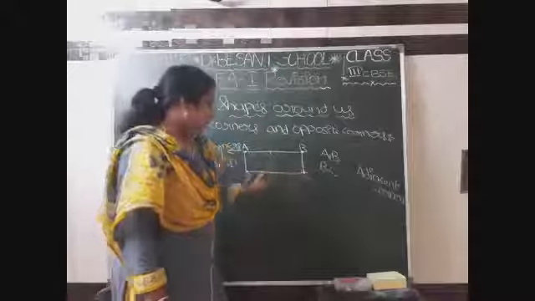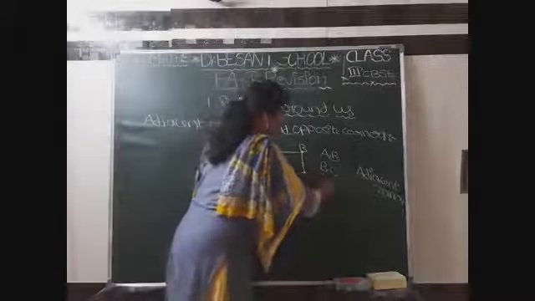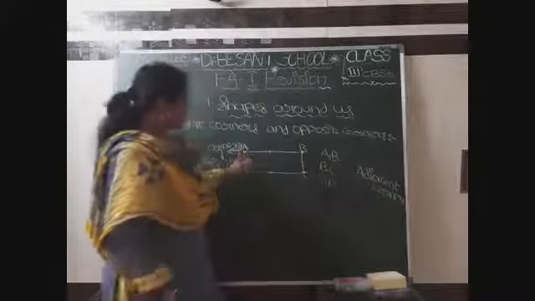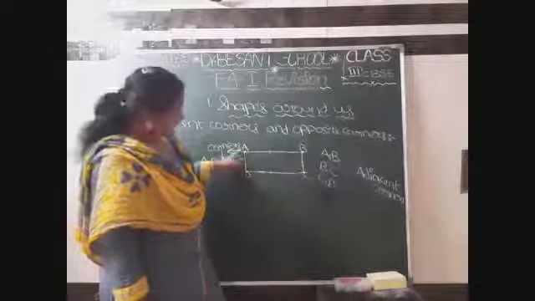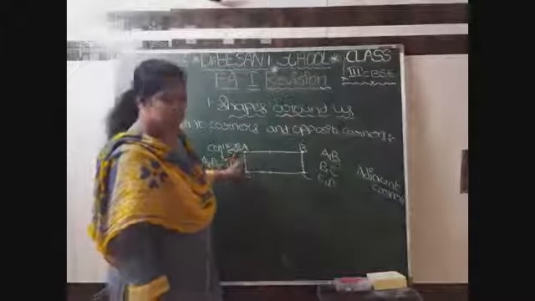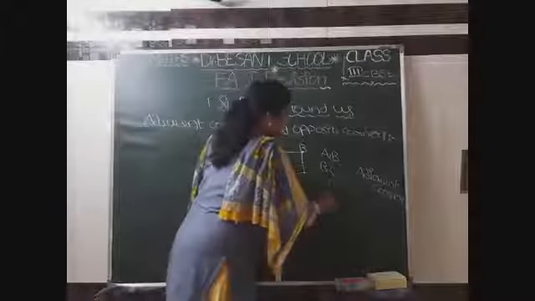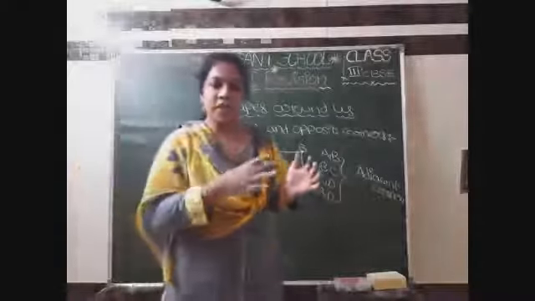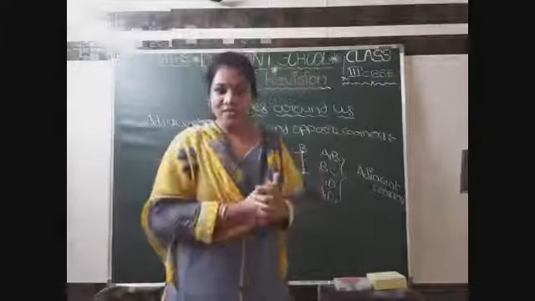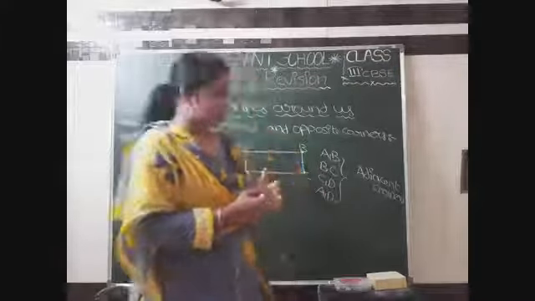That's why C, D are also adjacent corners. For the AD side, A comma D are sharing this AD side. That's why A, D are also adjacent corners. Adjacent corners means the corners which are sharing the same side.